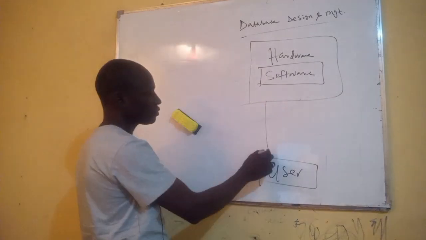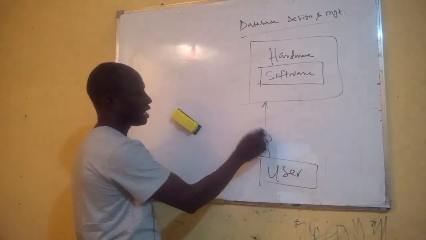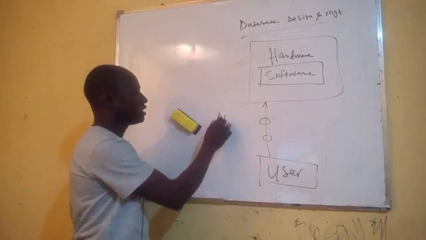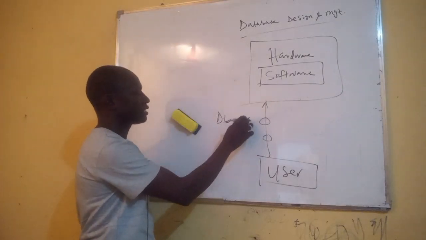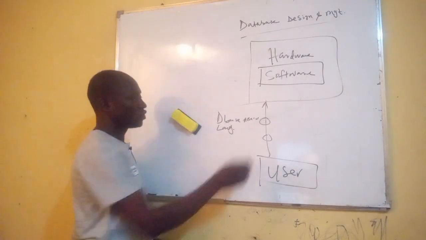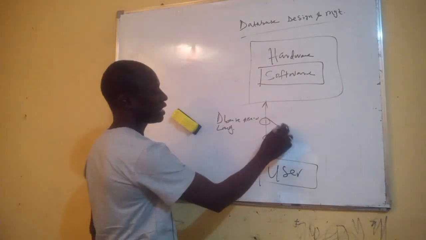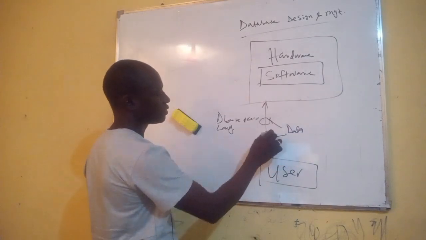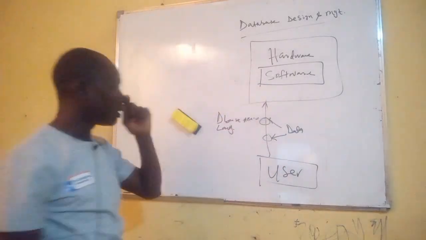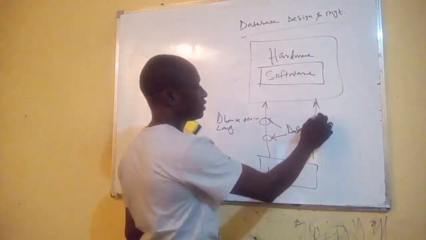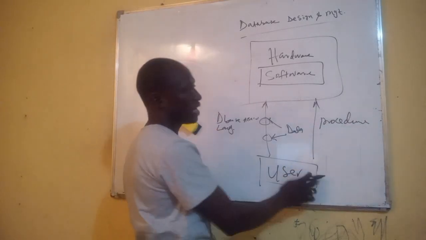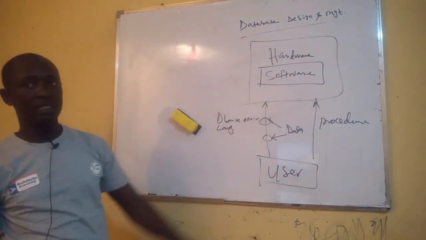Here we can have this as what? The DBS access language. Here we can have data. Each data comes to this and then moves up, and here we have the procedures you followed to achieve your database design.